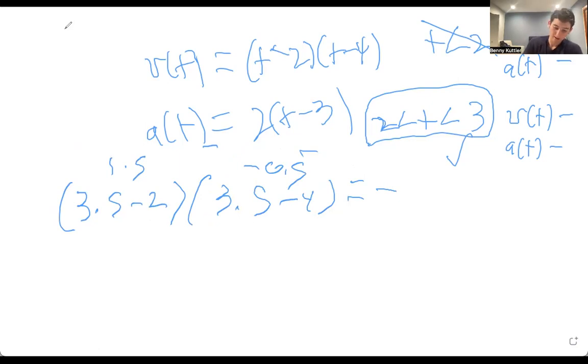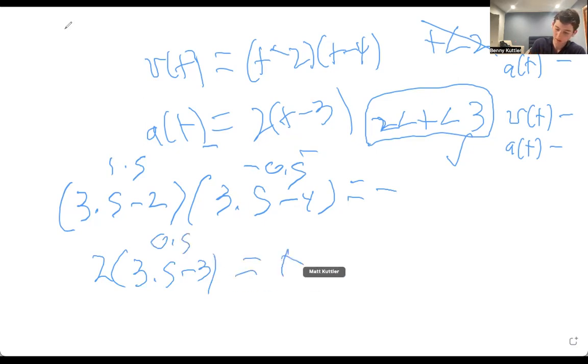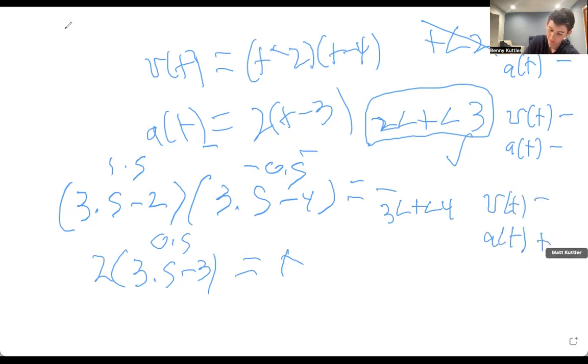And now if we look at acceleration, we have 2 times 3.5 minus 3. 0.5 times 2 is positive. Positive and negative, that does not work. So when t is between 3 and 4, the velocity is negative and the acceleration is positive. So we know that this does not work.